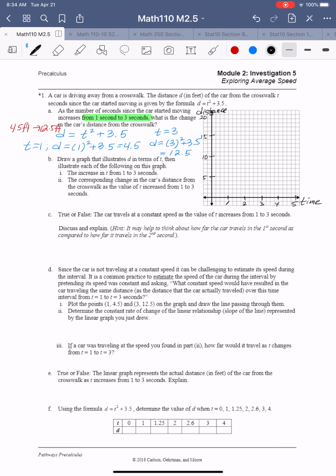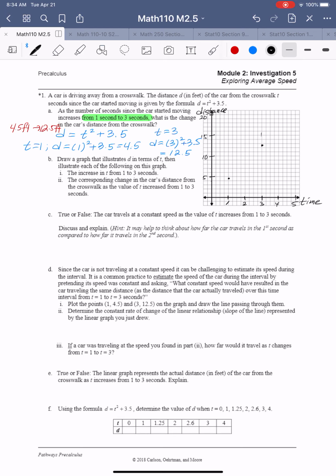All right, so we have the increase in t from 1 to 3. When it's 1 second, the distance was 4.5, so 4.5 is about here. And at 3 seconds it was 12.5, so it is up to about here, between 12 and 13. So that's the increase in t from 1 to 3 seconds.